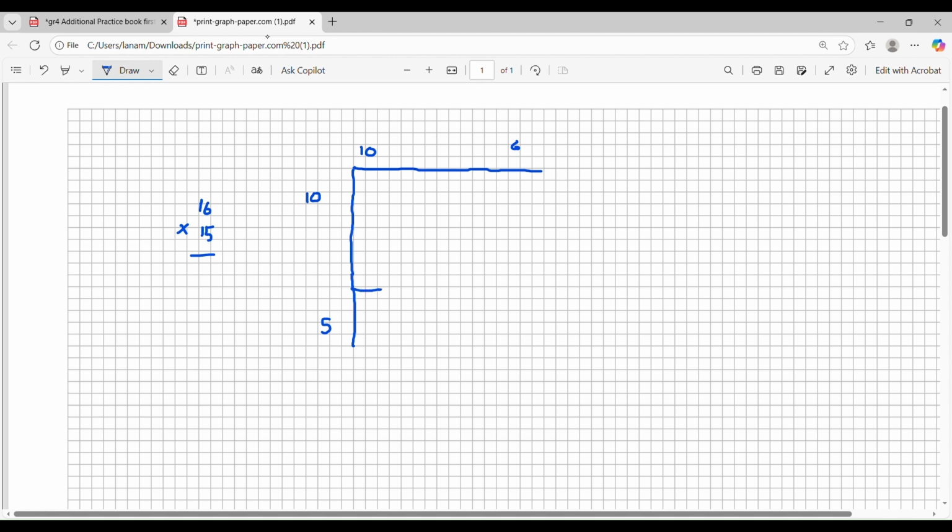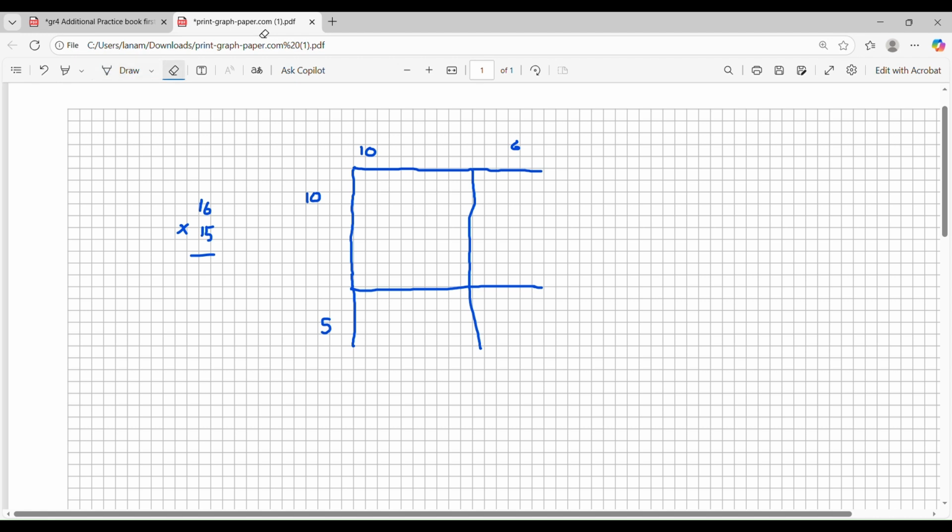Now I will draw a line in the middle to show that here we have 5. And here, 1, 2, 3, 4, 5, 6. The 6 is here, so I'm going to draw the line here.